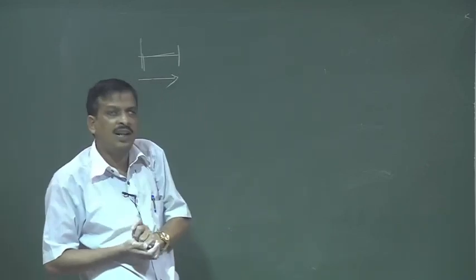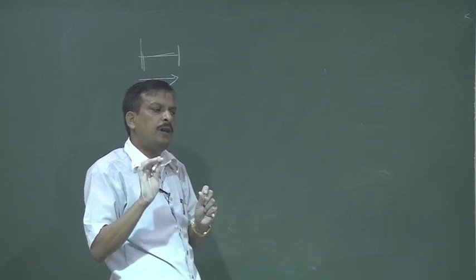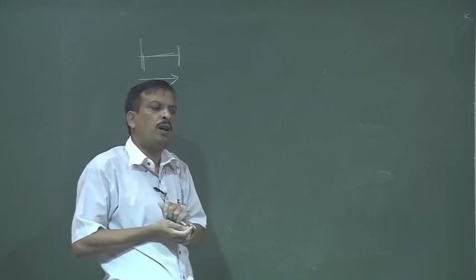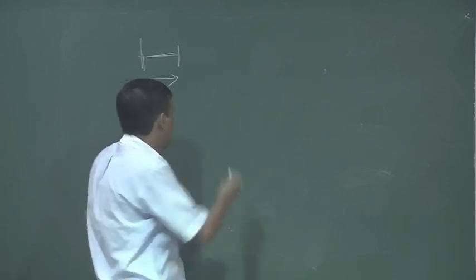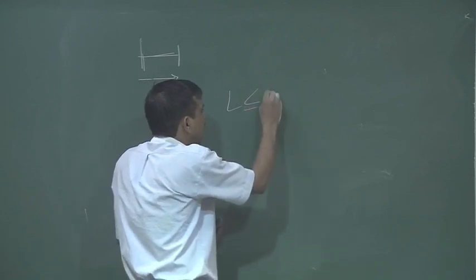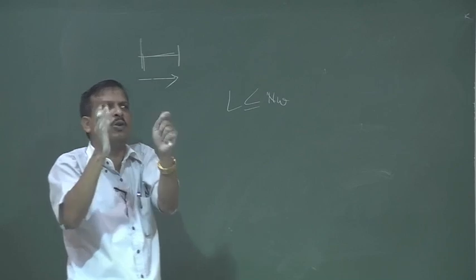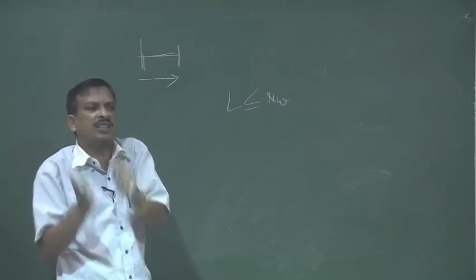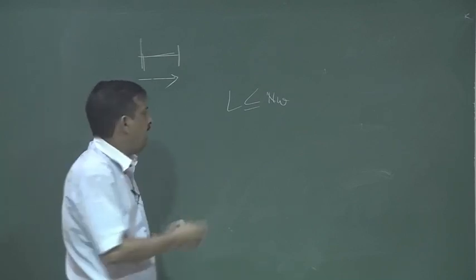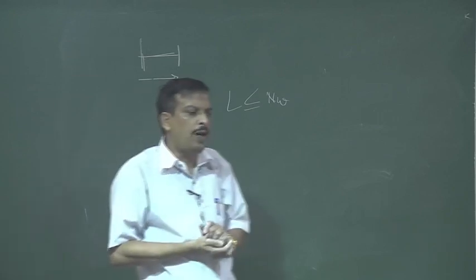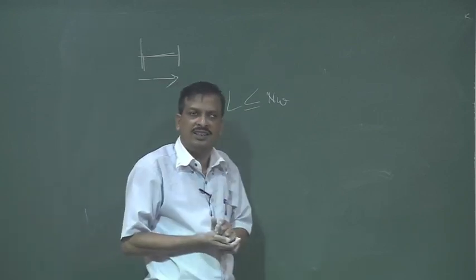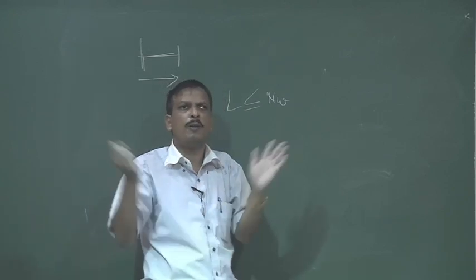The analysis window is non-zero with a finite length Nw. So, the temporal decimation factor L must be less than the length of the analysis window, which we have already said. If it is greater, then I miss the signal. And 2 pi by Nw must be less than the channel bandwidth.